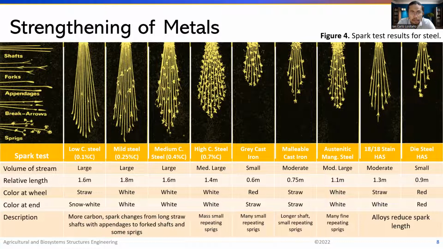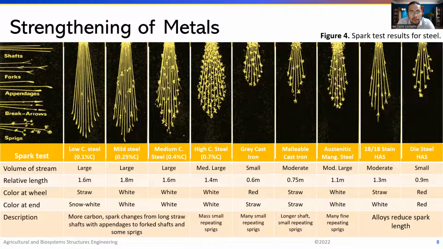If you do a spark test, that is grinding the metal, you have to push the metal towards a grinder. When you do that, you see a spark, and on the left you see the different kinds of sparks: shafts, forks, appendages, break arrows, and then sprigs.